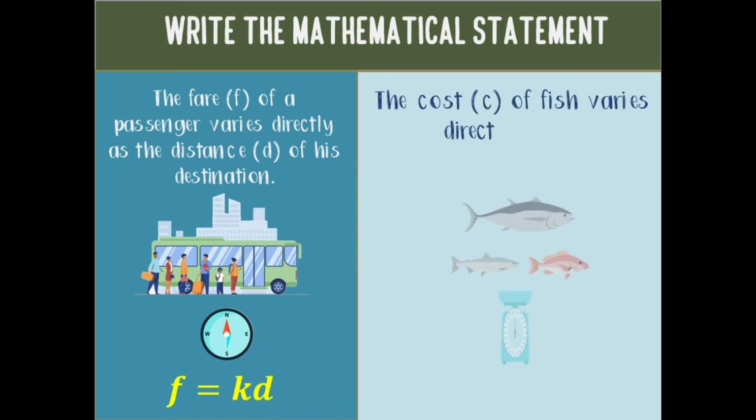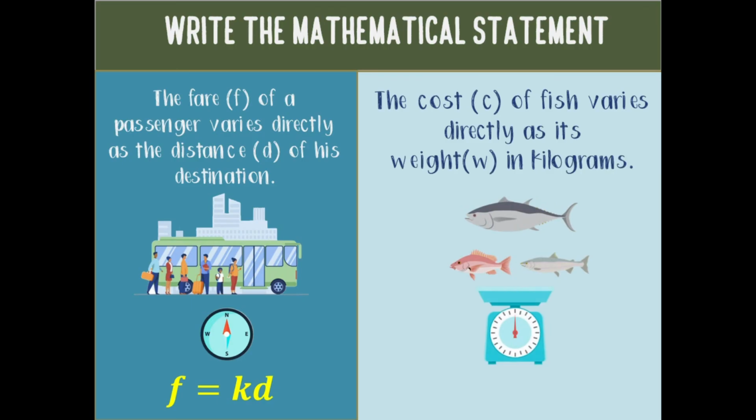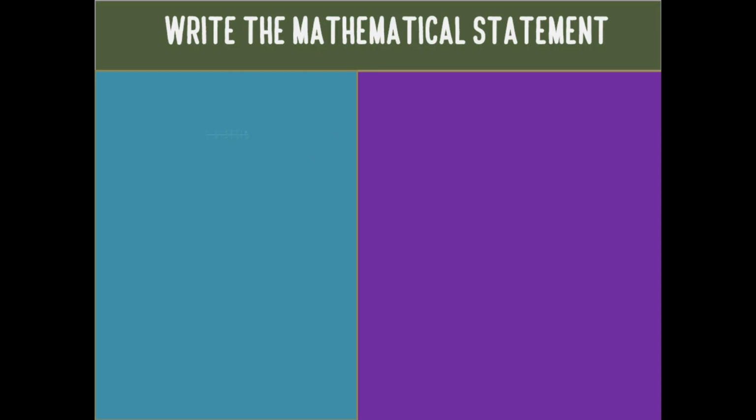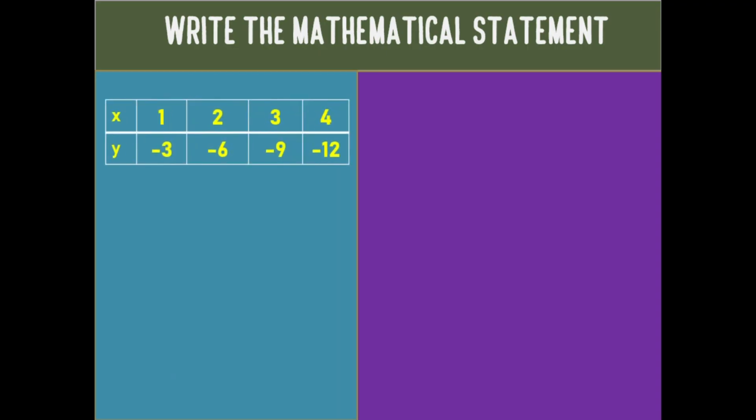The cost C of fish varies directly as its weight in kilograms. So the mathematical statement is C equals KW. Given the table of X and Y, it can be stated as Y equals KX.